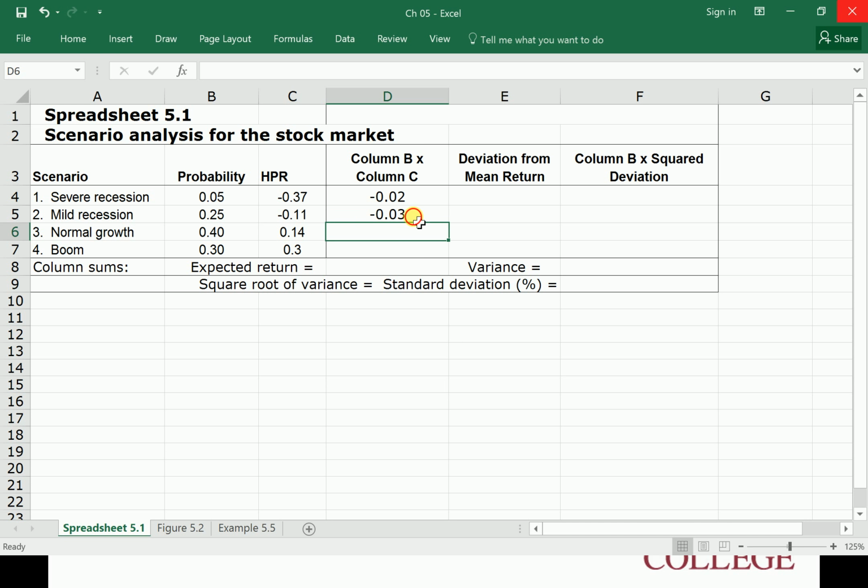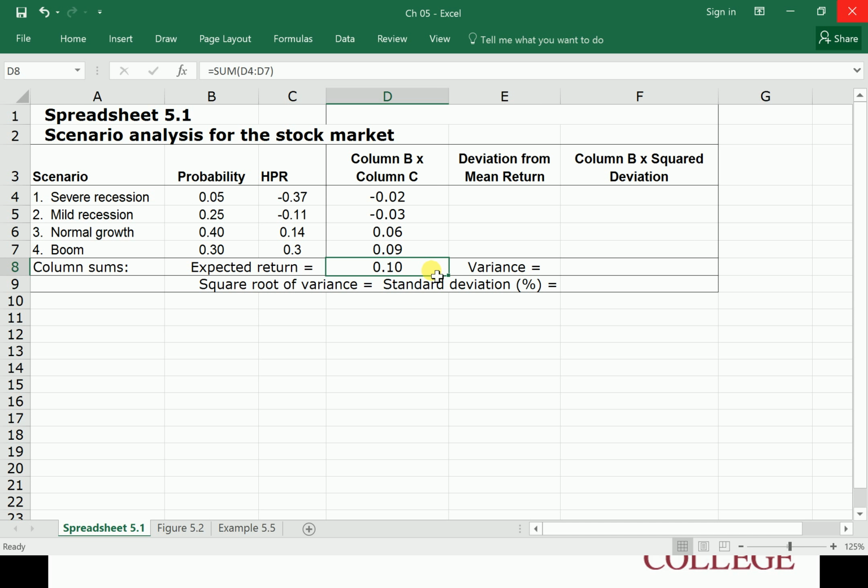And just copy, right? And the sum of these four will be the expected return, which is 10%. So 10% is the expected return.